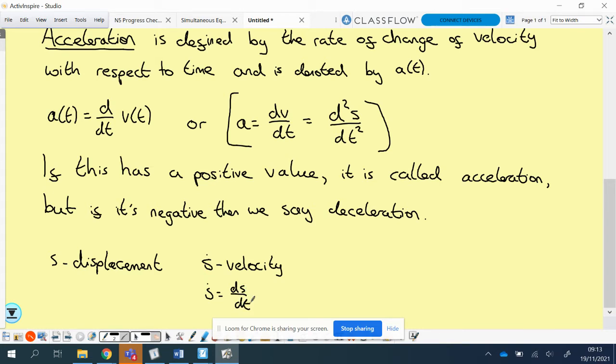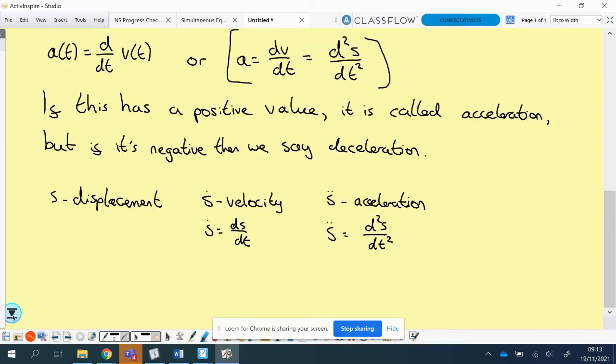Okay, therefore, if I differentiate it twice, that would give me the acceleration. So therefore, it would be d squared s by dt squared. Okay, so that's just some other notation that you're free to use, or you might see in some questions. Okay, dot means it's been differentiated once, double dot means it's differentiated twice.